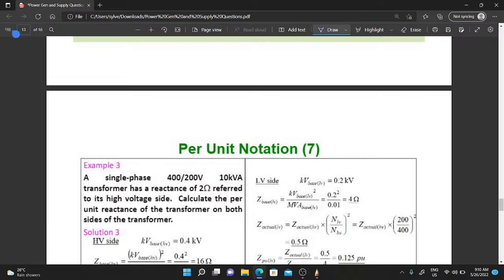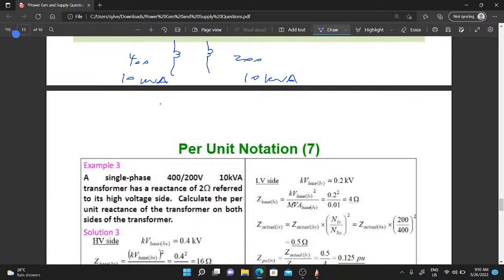Now we have another interesting question. We have a single phase transformer with ratings 400 per 200 and power 10 kilovolt-amps, the same power on both sides.